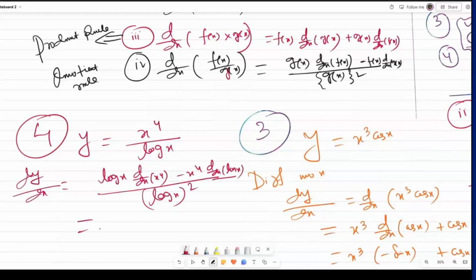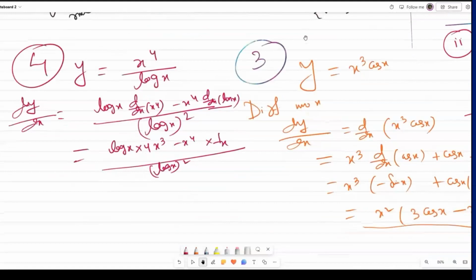What is the derivative of x to the power 4? Derivative of x to the power 4 is 4x cube. Log x derivative is 1 by x. Value is over log x whole square. You simplify or not, it doesn't matter for this moment.